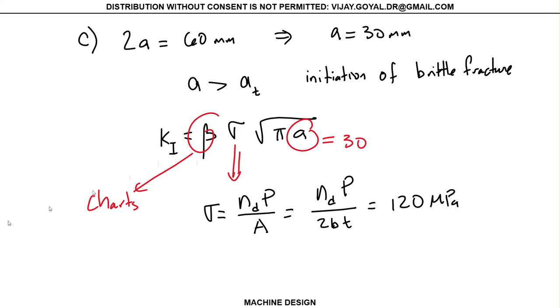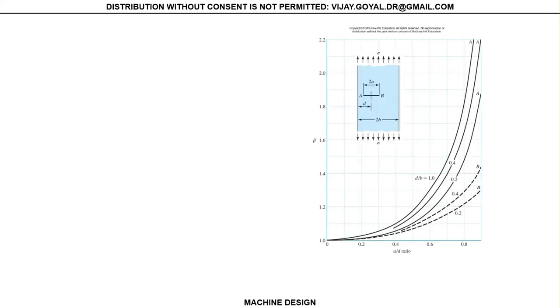Let's go and find beta from the charts. So you come to the chart and you see that same thing holds. D over B is equal to 1. A over B is equal to 30 divided by 50. That gives you 0.60.